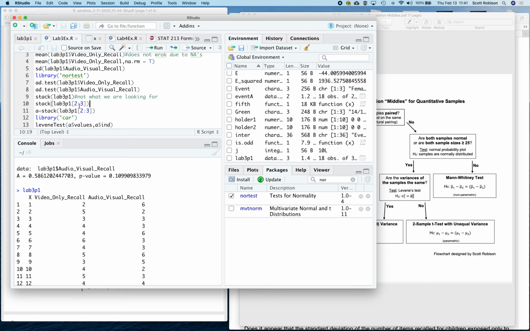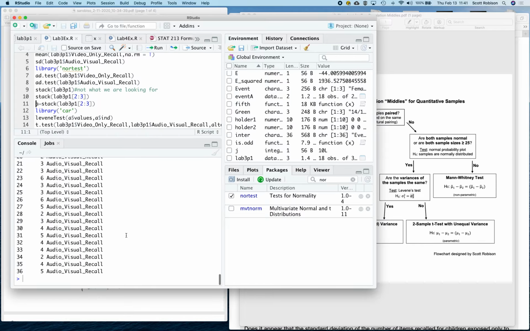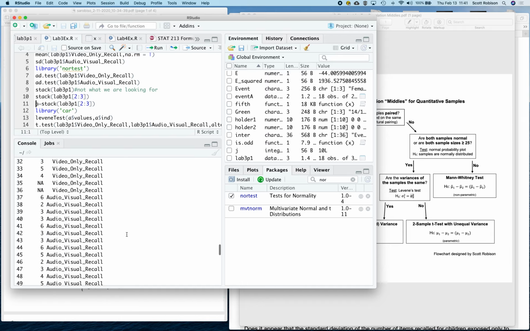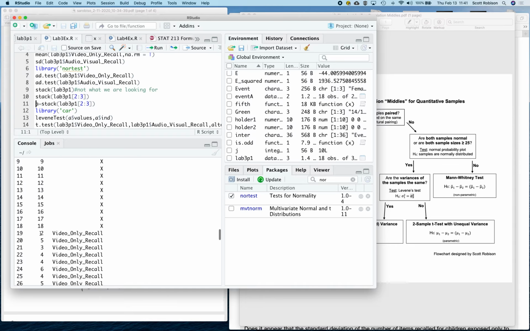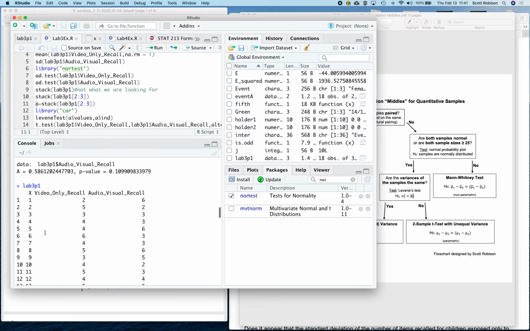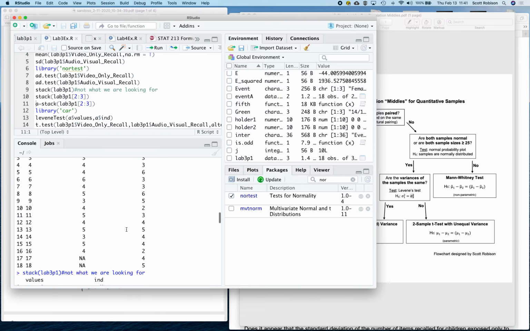So here, if instead I use the command stack, but then I say on columns 2 through 3, you'll see I miss out on having these numbers 1 through 18, and I go right to stacking only the second and the third column here.